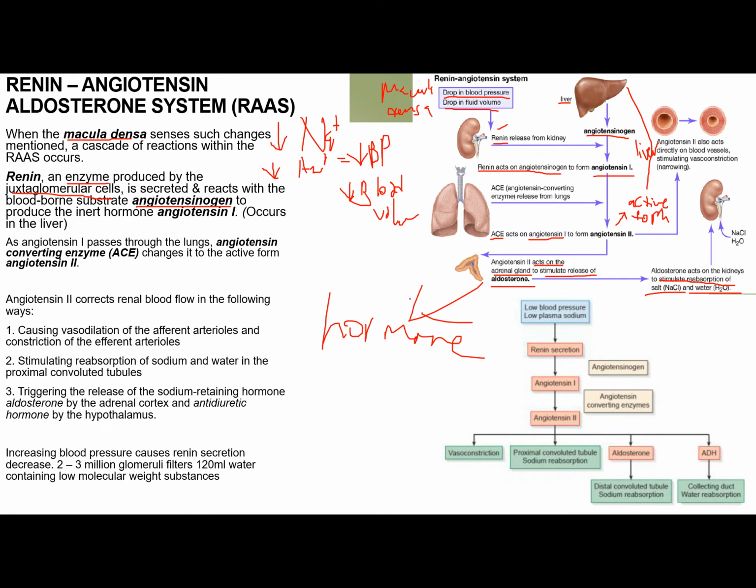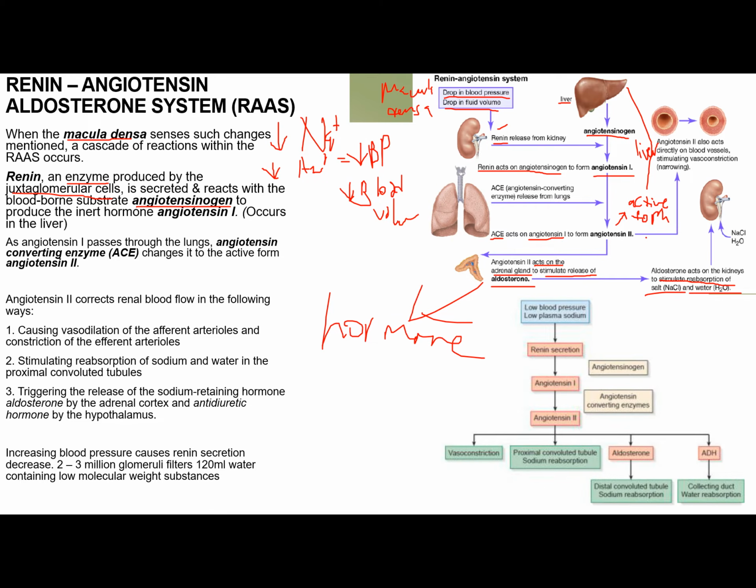Di ba, the purpose of your RAAS is that it reacts because your sodium is low, your water is low, your BP is low, your blood volume is low. So what aldosterone will do now is reabsorb. It will make the kidney reabsorb more salt and more water.